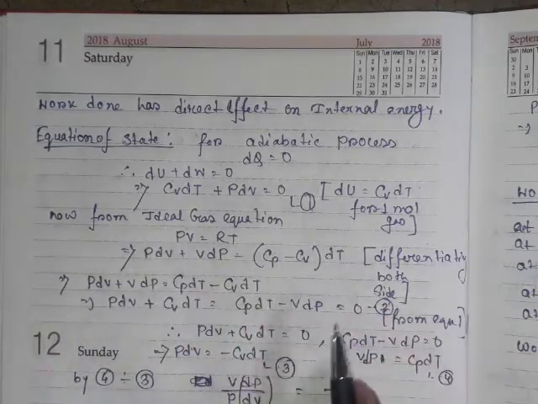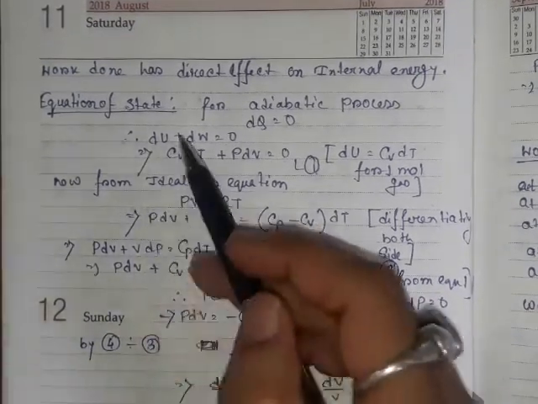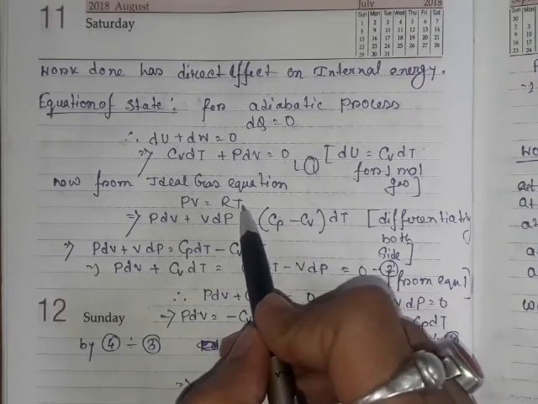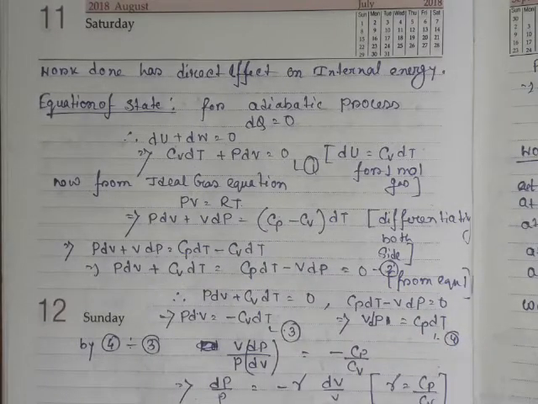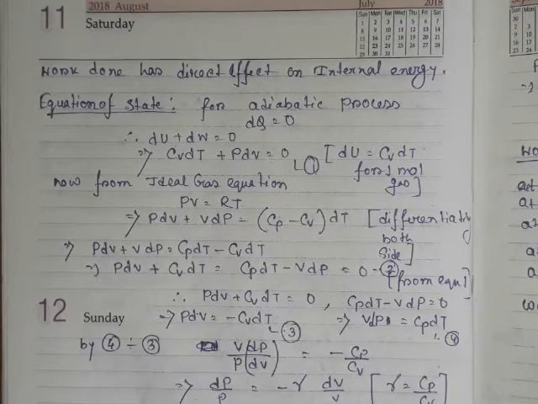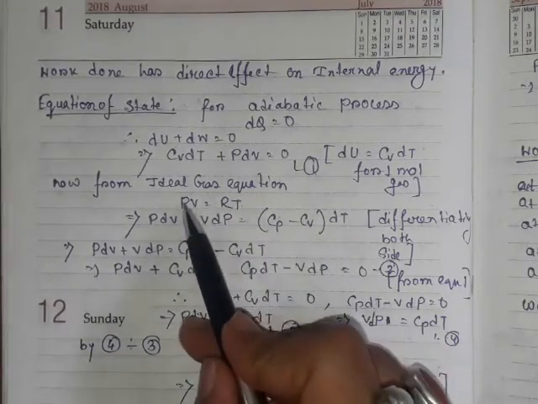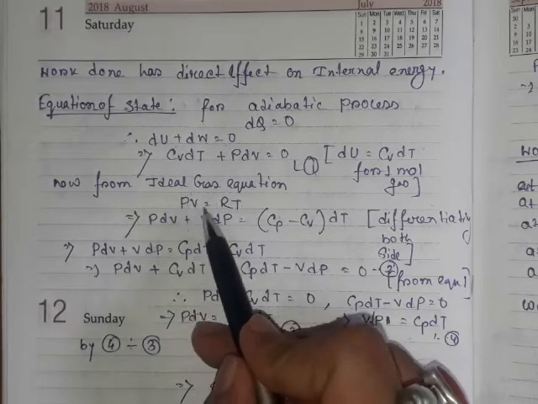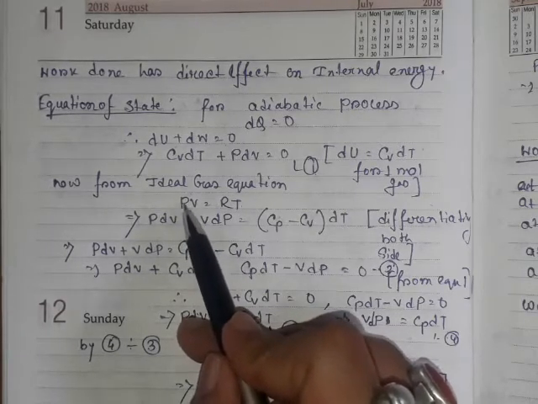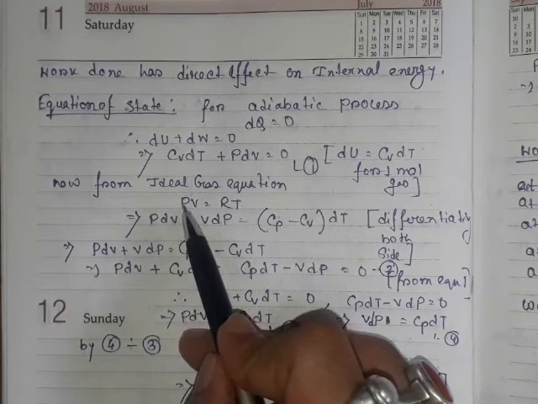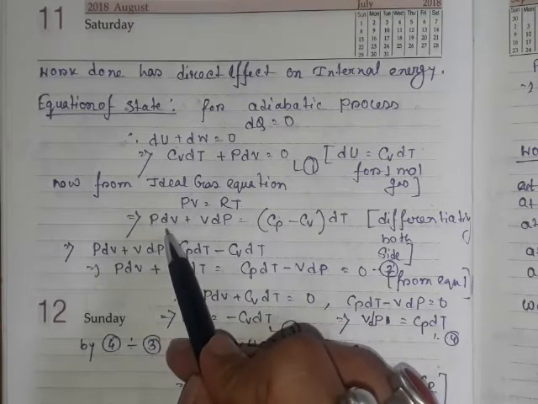Now for 1 mole of ideal gas, PV equals RT, and as we can understand, the pressure and volume can both change in this process. So if you differentiate the equation, you will have to differentiate these two things. First, take P constant and differentiate, you will get PdV.